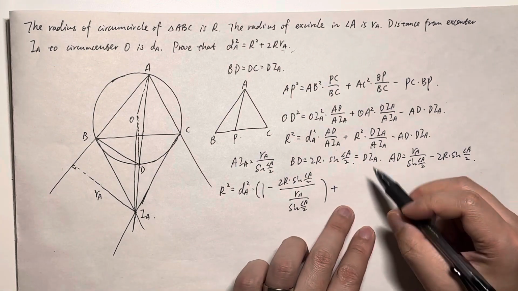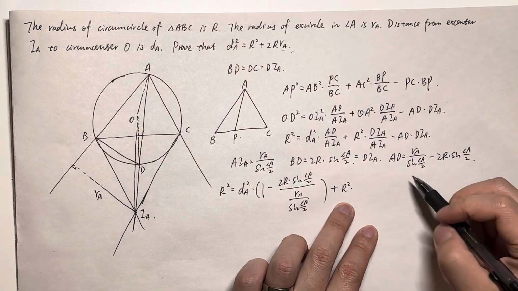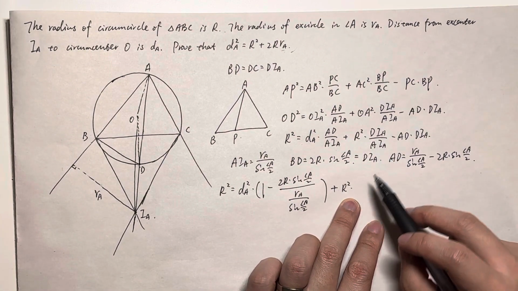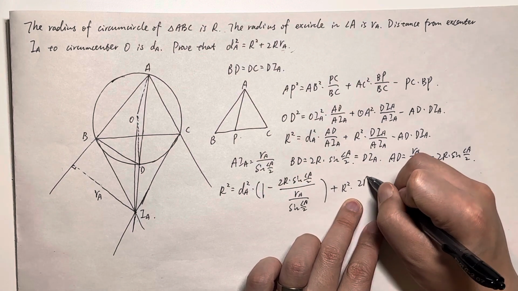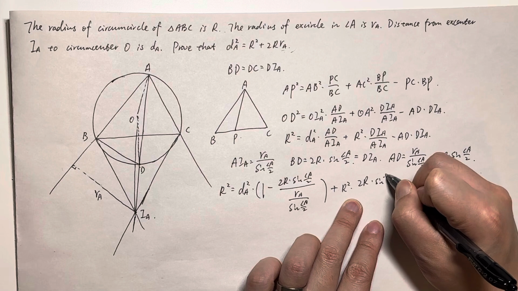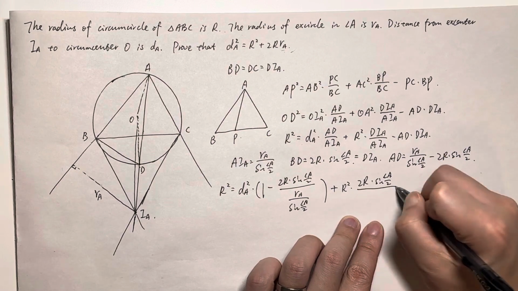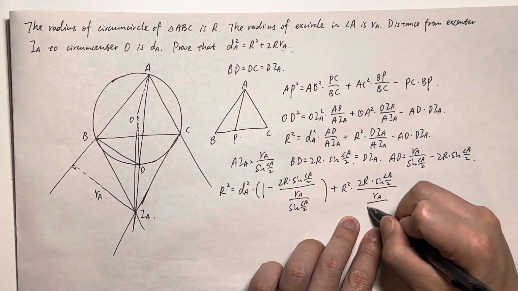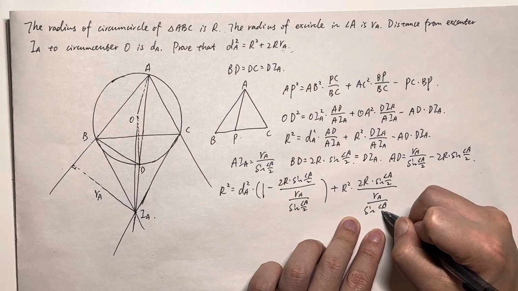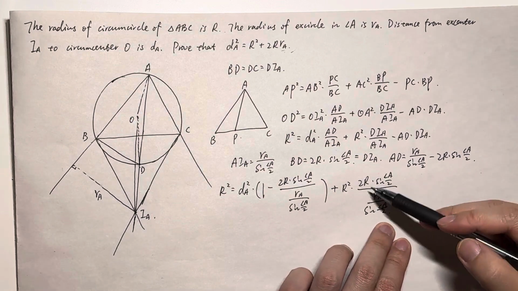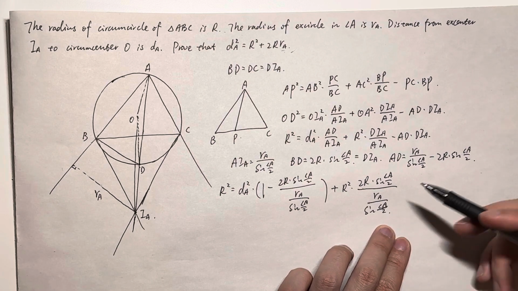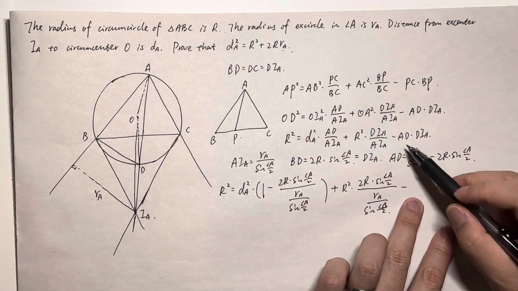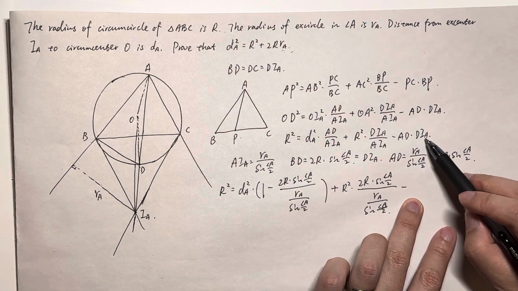The second term is R squared times DIA over AIA, which is 2R sine of A by 2 over RA over sine of A by 2. And minus AD times DIA.